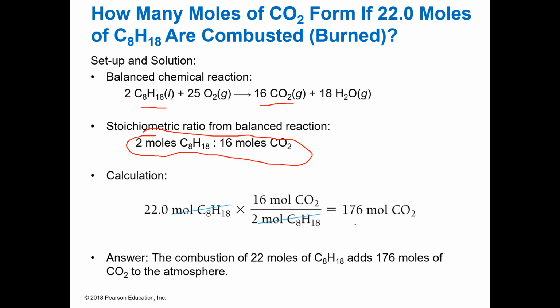Now, if I want to find how much of a product I'm forming given a certain amount of reactant, or it could be vice versa, you're going from one compound to the next. So you need a balanced equation, but to do the conversion, it has to be in moles, because the only way you can relate your reactants and your products is that mole-to-mole ratio.